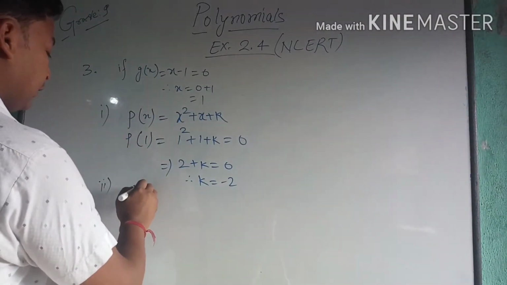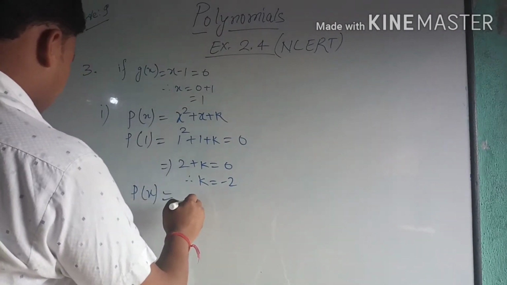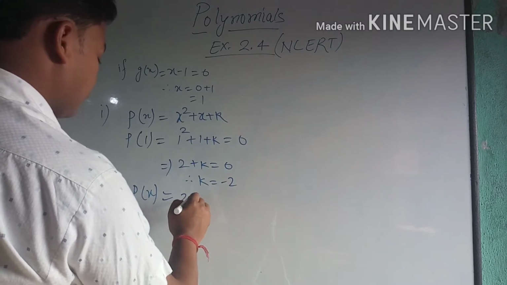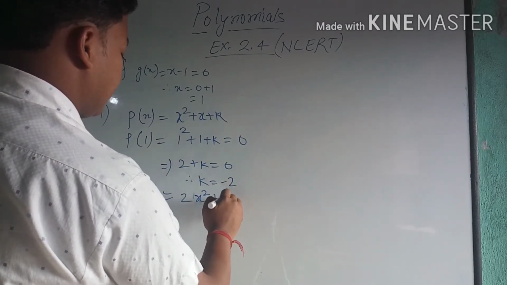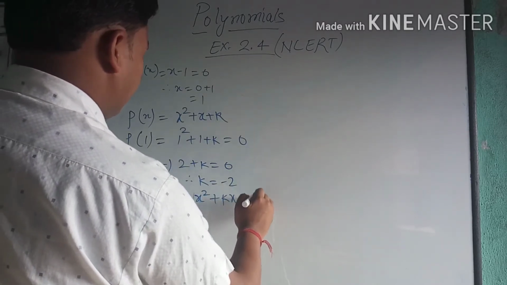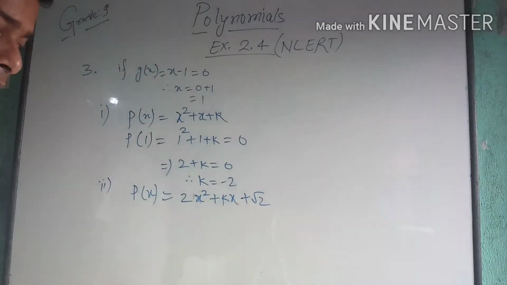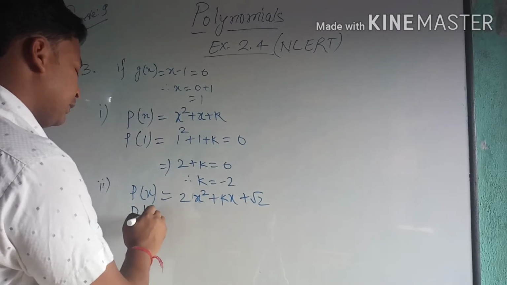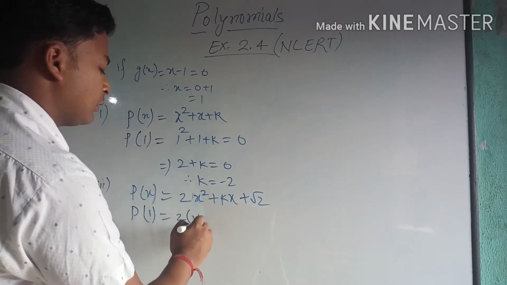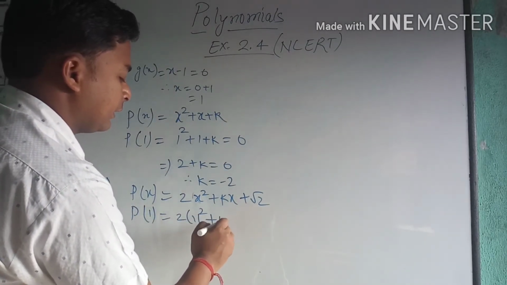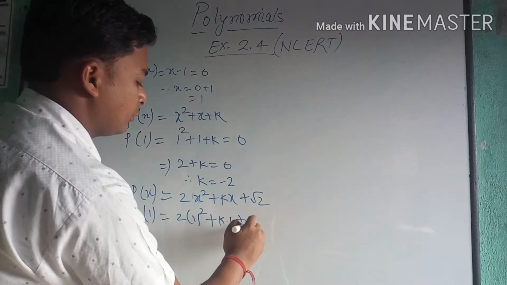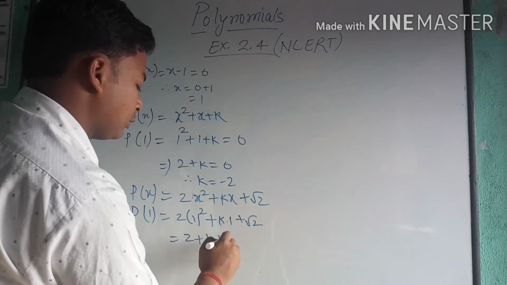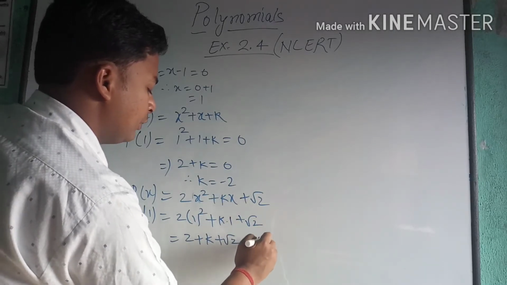Now if we go for part 2, the question is in the roots, that's why I am solving. 2x square plus kx plus root 2. Now my dear, the value of x is same, so we will substitute P(1): 2 into 1 whole square plus k into 1 plus root 2, 2 plus k plus root 2, and this is equal to 0.